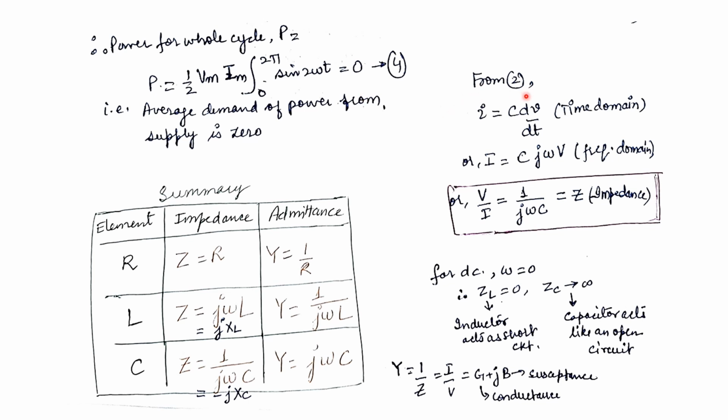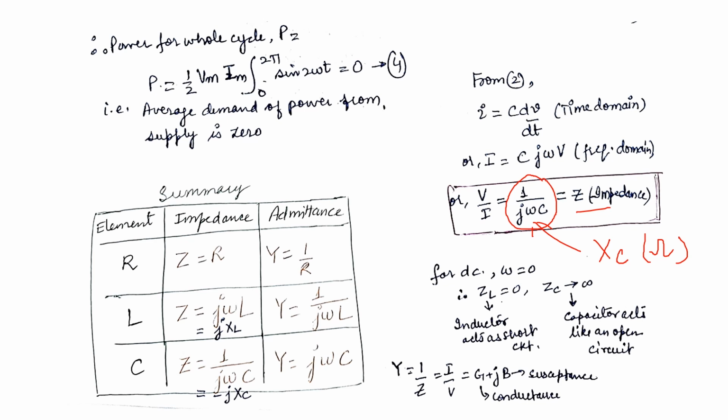From equation 2, we can also write the current as C dV by dt in the time domain. To represent this in the frequency domain, d by dt is replaced by j omega, so we have I equal to C j omega V. The ratio V by I is known as the impedance Z of the circuit, which is equal to Xc here, and Xc is 1 upon j omega C. This complete expression is Xc, the capacitive reactance, and the unit is ohms.